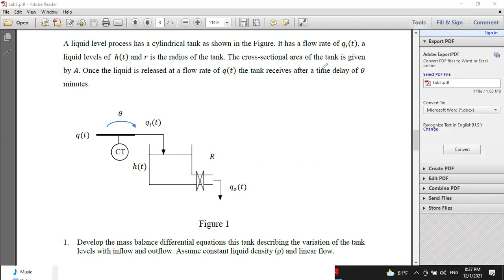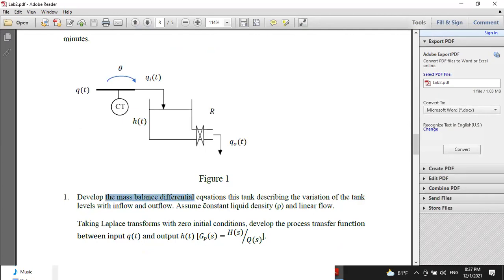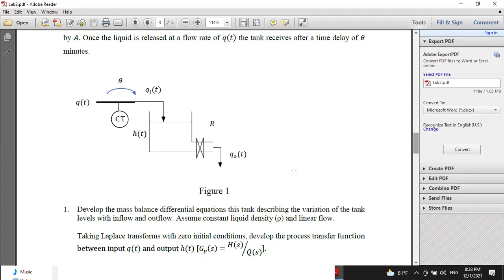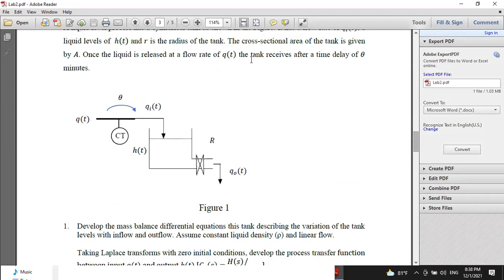You have been asked to derive the mass balance differential equation in this tank, and we have to get this format: H(s) over Q(s), because that's what's equal to G(s). So we have to model it accordingly. I'm not sure whether we have enough space, but I'll start from here.